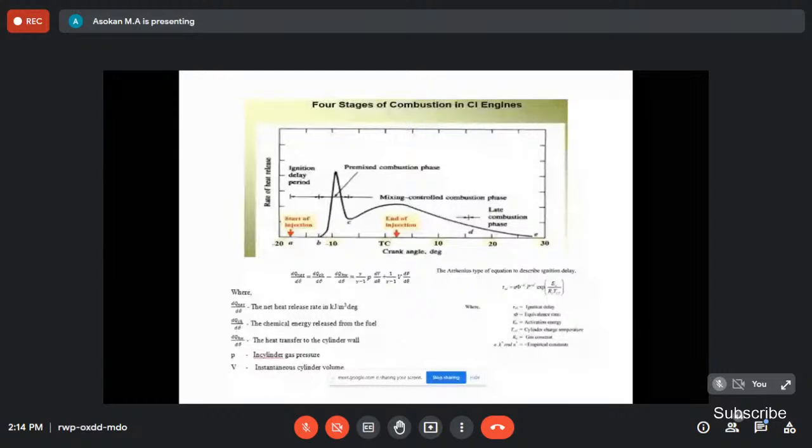That's why it is controlled combustion. Then in the late combustion, again there is no fuel available, so a very small amount of energy is released during this time, the late combustion.